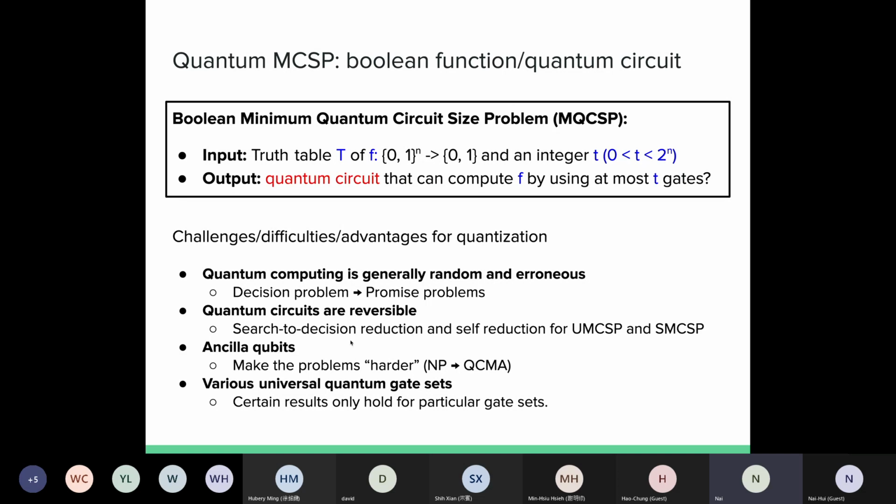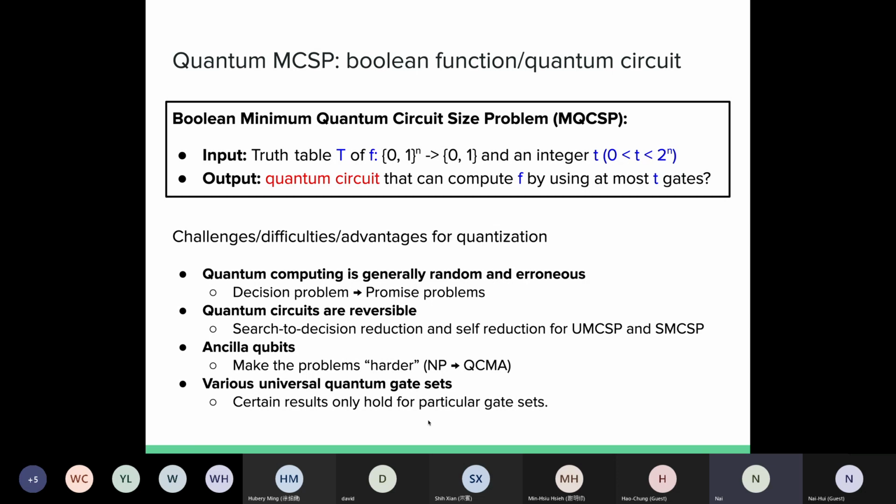And also, the final thing is that when we consider quantum circuits, you may consider different universal gate sets, like Hadamard plus Toffoli, or single qubit rotation plus CNOT, or some other gate sets. Different gate sets may introduce different properties, and we found that certain results only hold for particular gate sets.